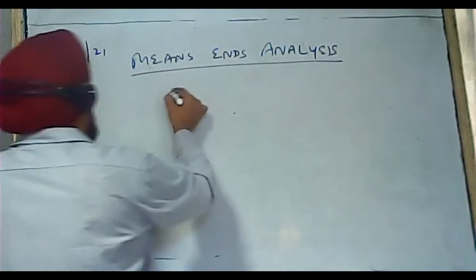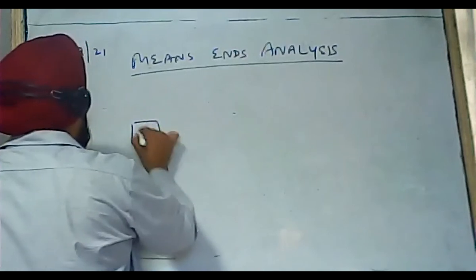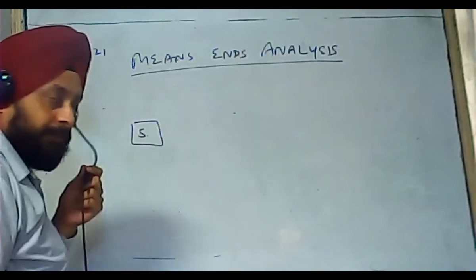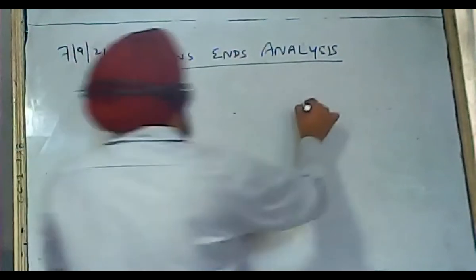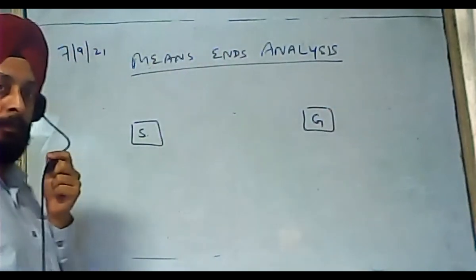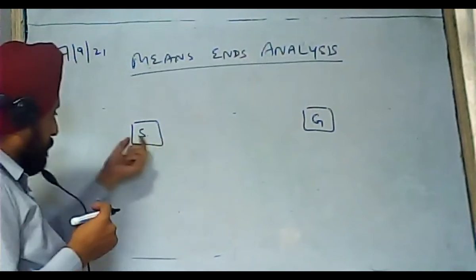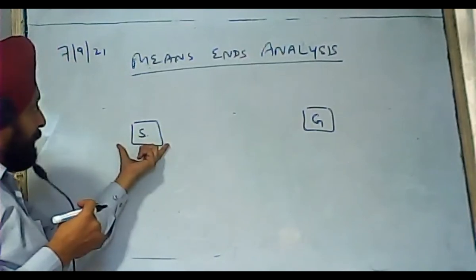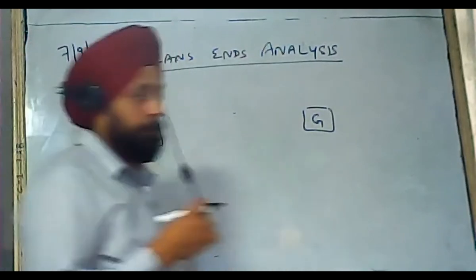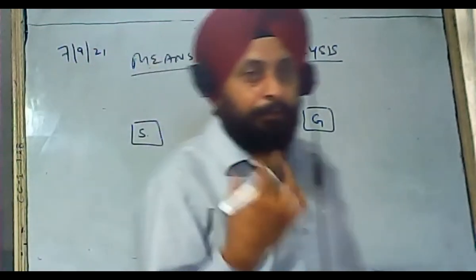You are given one start point, one position or the current state, and this is the goal. So here also you have to find the solution from this start state to reach the goal. Now, what is the method under which you try to solve?